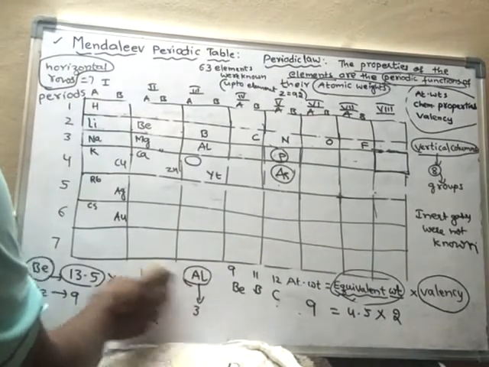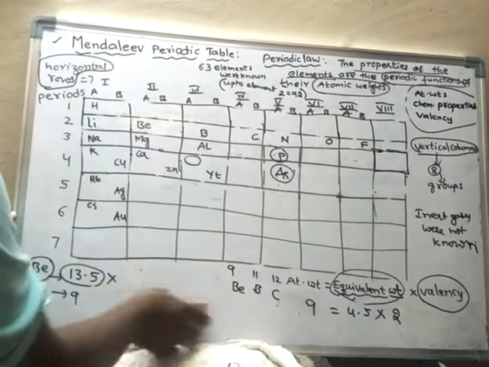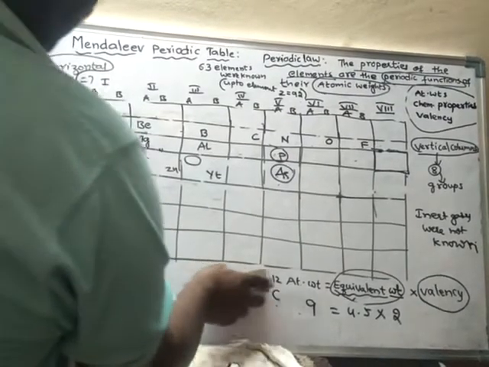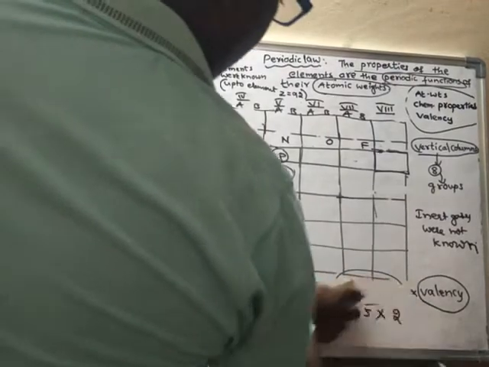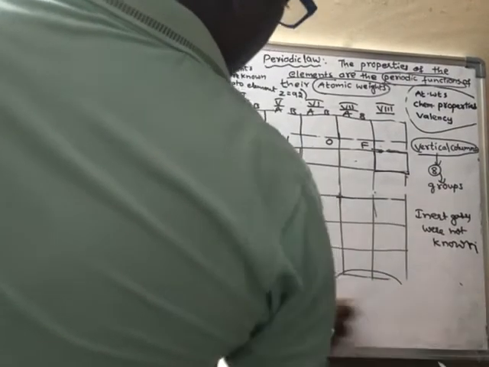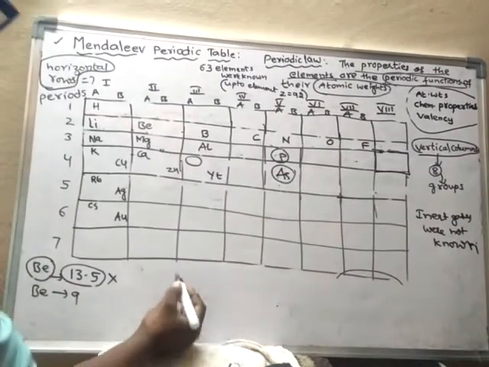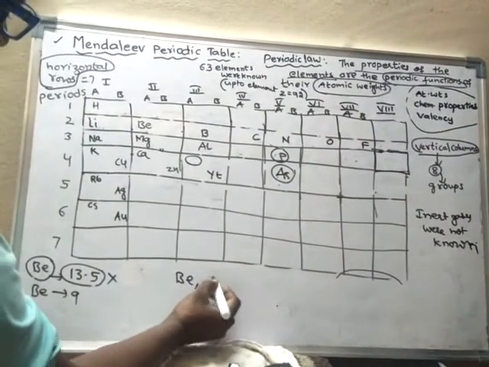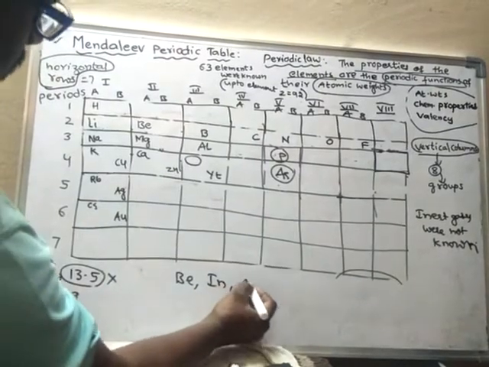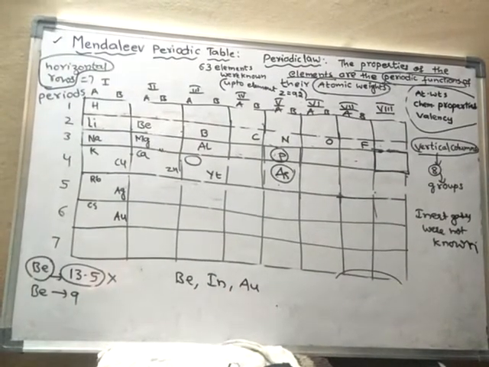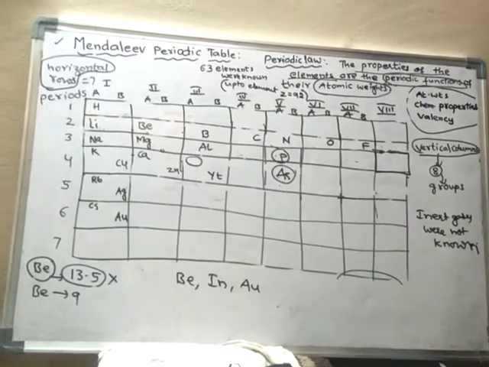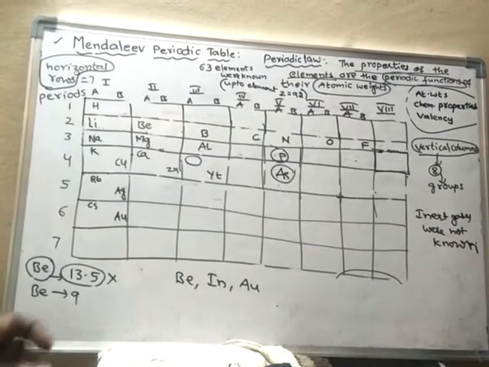So like this, Mendeleev corrected the atomic weights of many elements. The main 3 important elements whose atomic weights he corrected were beryllium, indium and gold. Even some other elements' atomic weights were corrected, but they differed only to a little extent.